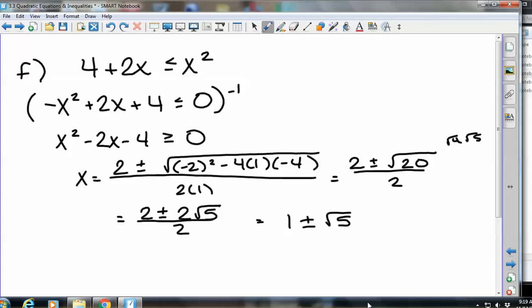Now we need to figure out what this is going to look like. You are welcome to use your graphing calculator to kind of help you. Let's just graph this one right here.